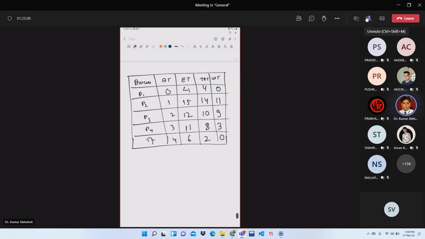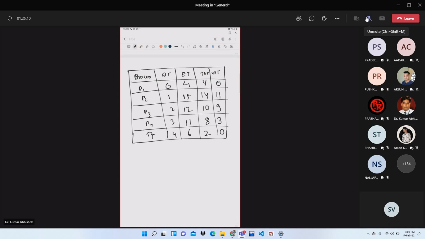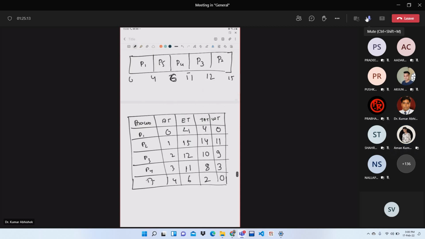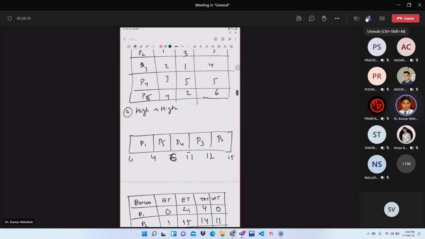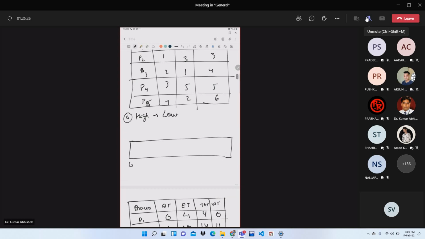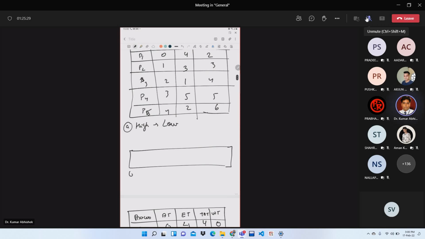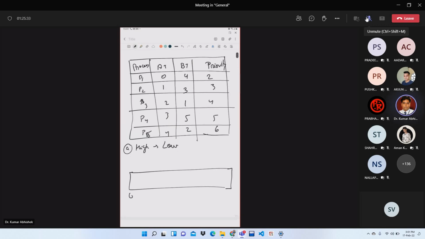Have you got this? Yes, sir. Now the case when high equals low. At 0, P1 will execute till 4.